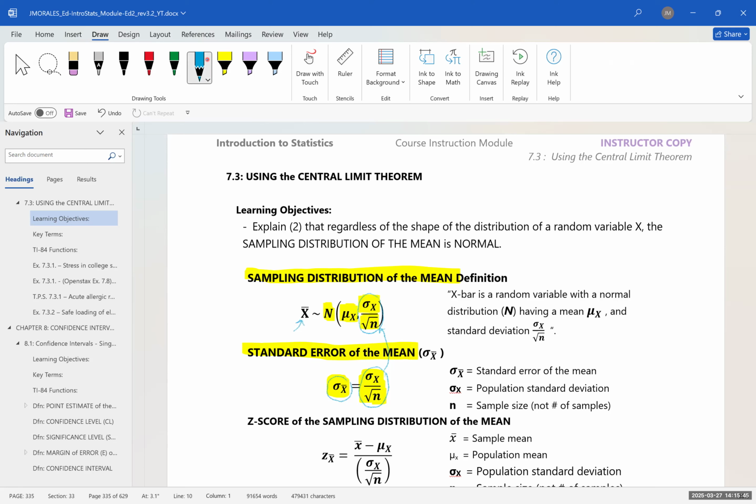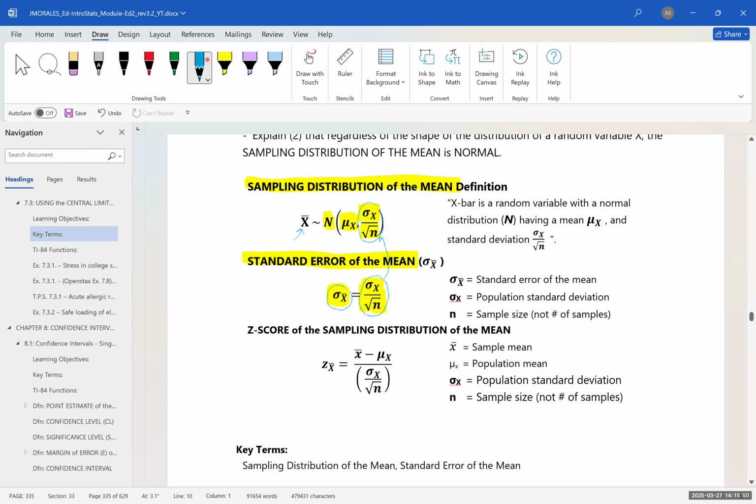And for z-score, I guess it might be almost better to think of it as writing it like this.